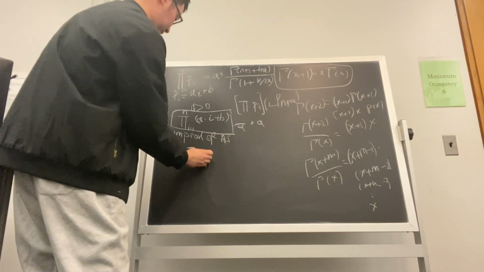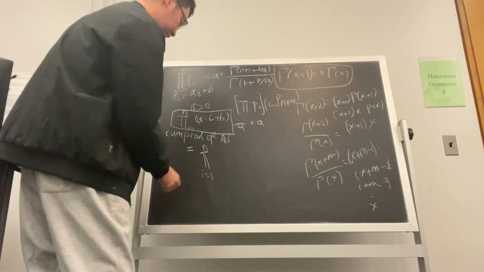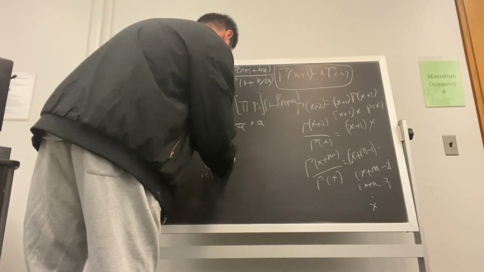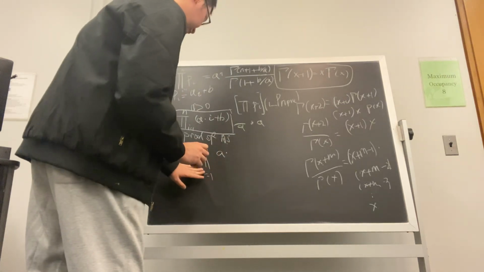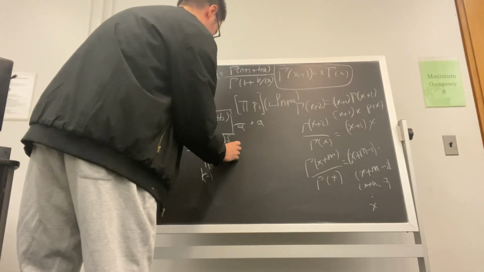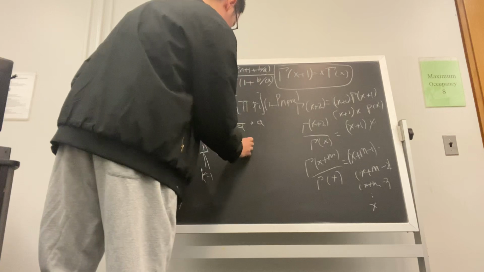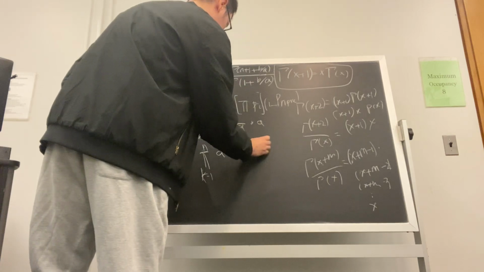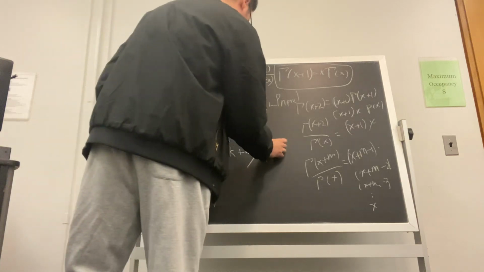So what we get is i from 1 to n, and then this is a times i. Well, we should use k, so I don't get confused with the imaginary number i. So this is divided by a, and times a.